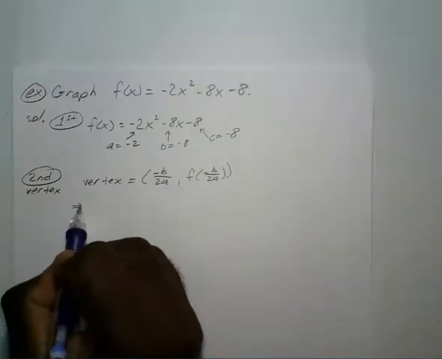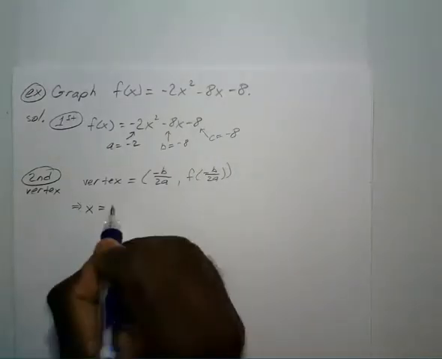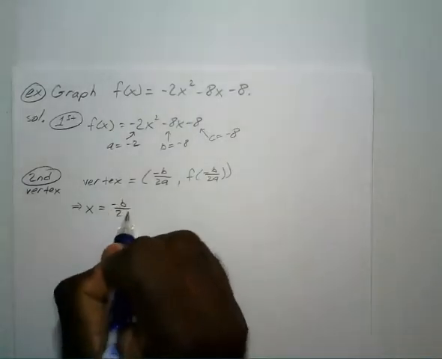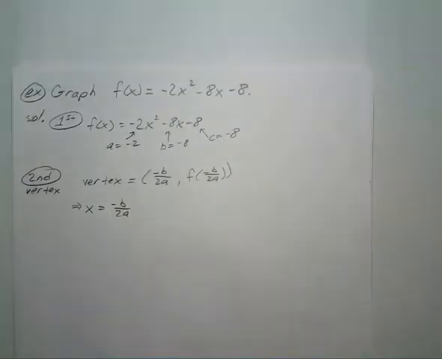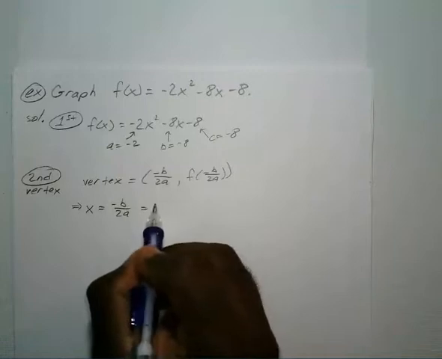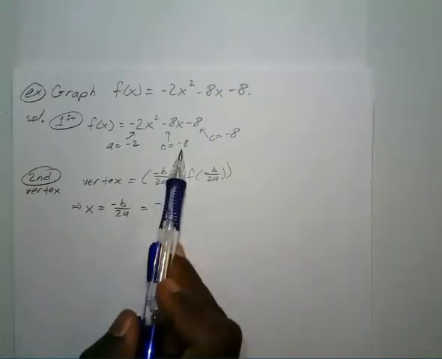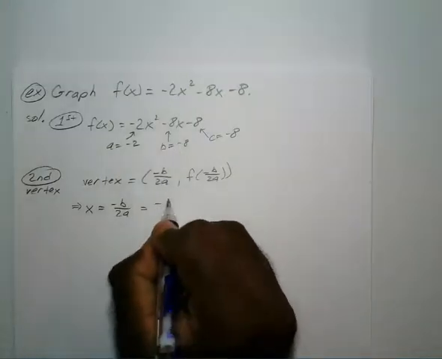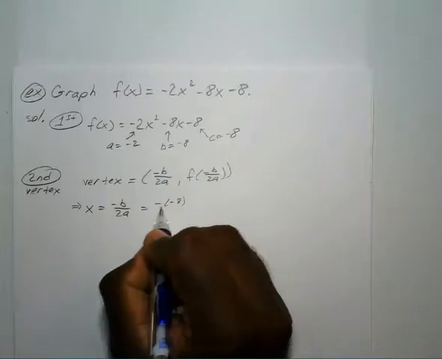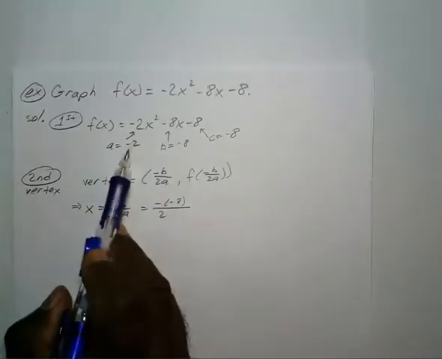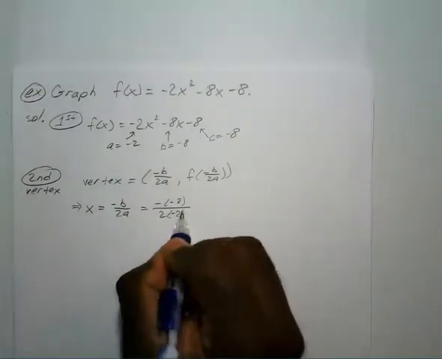We know that our x value, which is negative b divided by 2a, will equal negative, your b is negative 8, so that's negative negative 8 divided by 2a, so 2 times negative 2.